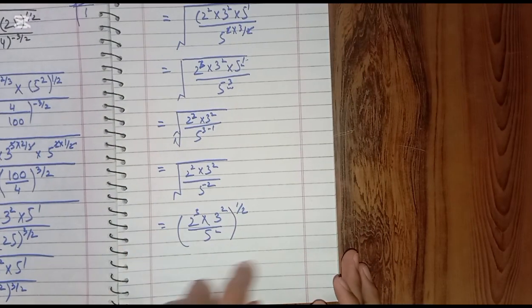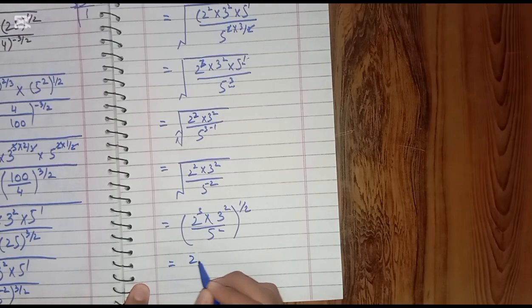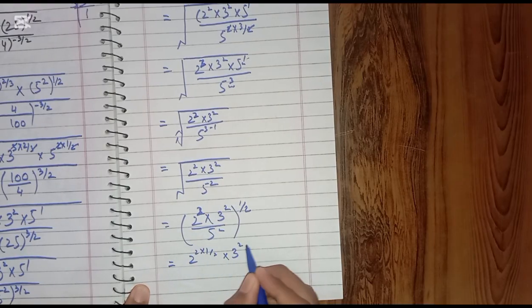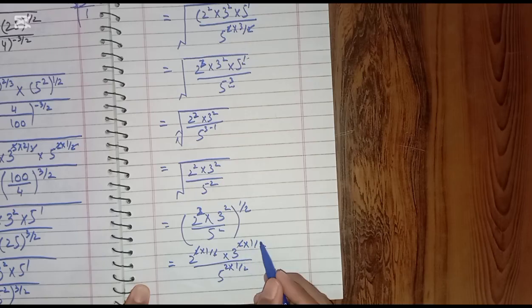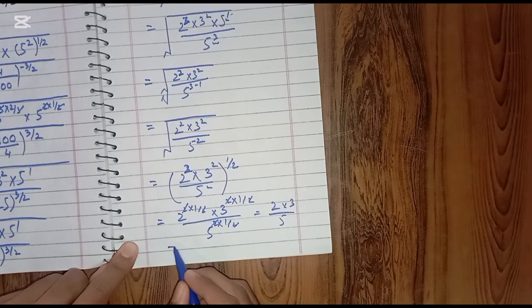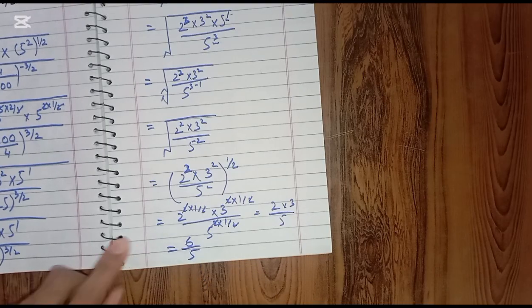And if we multiply 1 by 2 with every number, 2 power 2 multiply 1 by 2, 3 power 2 multiply 1 by 2, and 5 power 2 multiply 1 by 2. This cancels out with this 2, this cancels out with this 2, every power is cancelled out. We only get 2 multiply 3 over 5, and our final answer is 6 over 5.